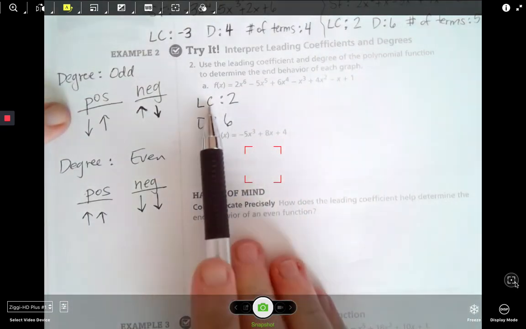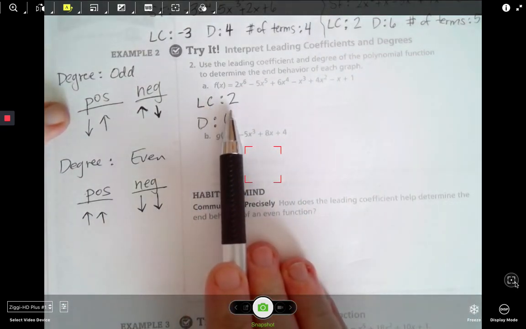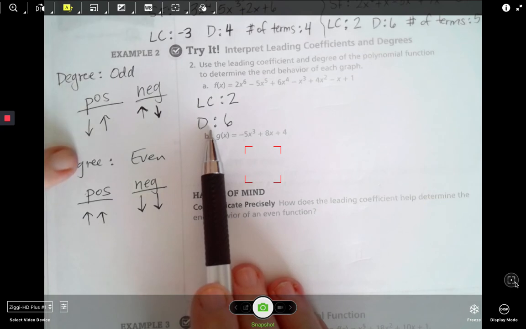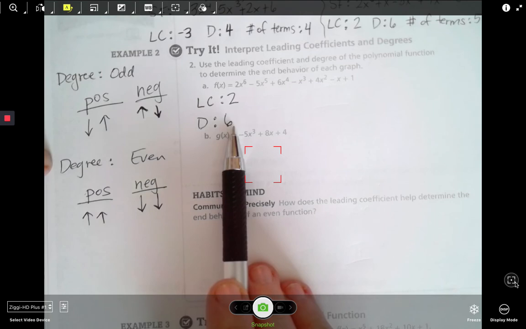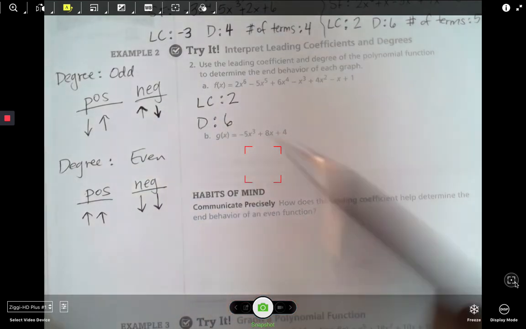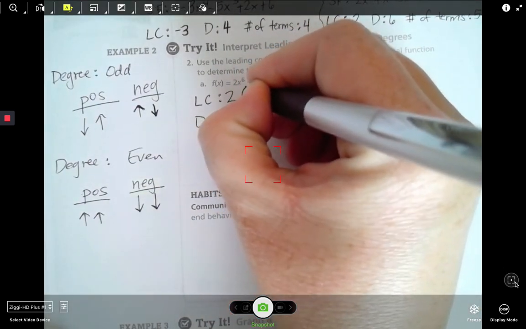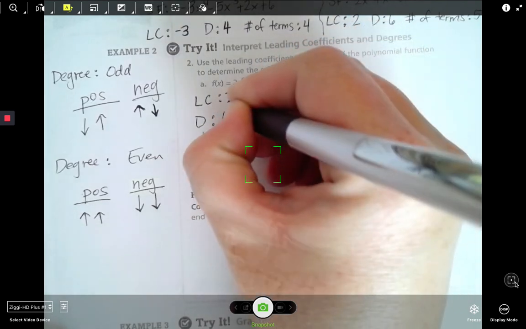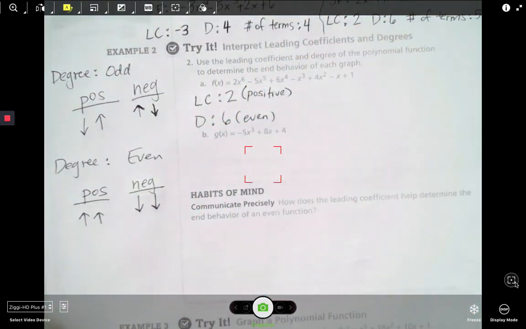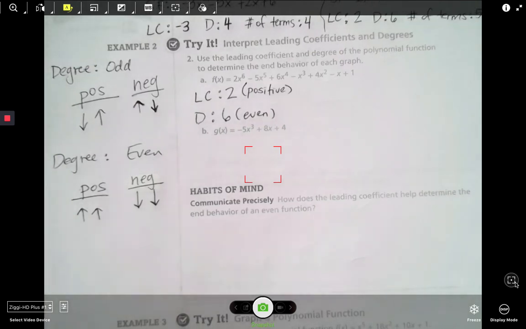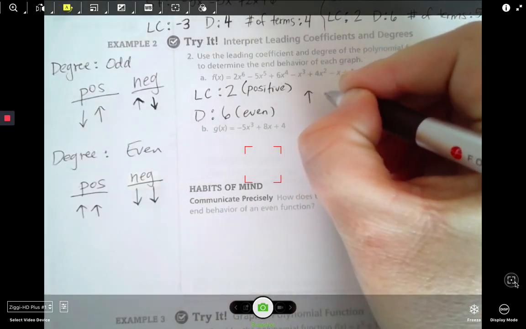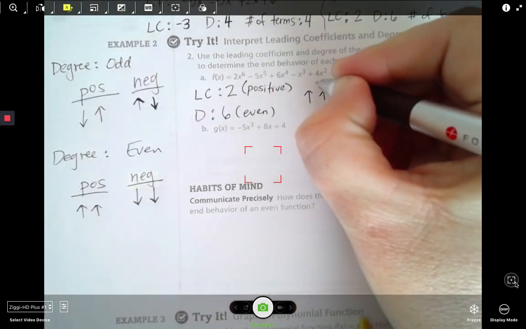So my leading coefficient, is it positive or negative? Positive. And my degree is, well, it's positive, but is it even or odd? Even. So positive and even. So by looking at this chart here, if it's positive and even, I should start up and end up, right? That should be my end behavior.